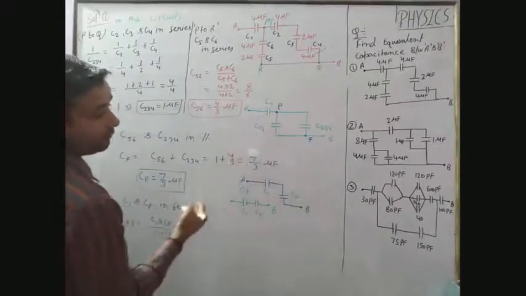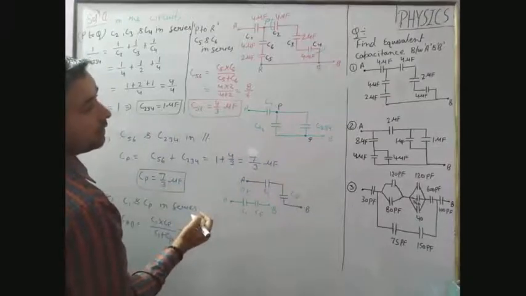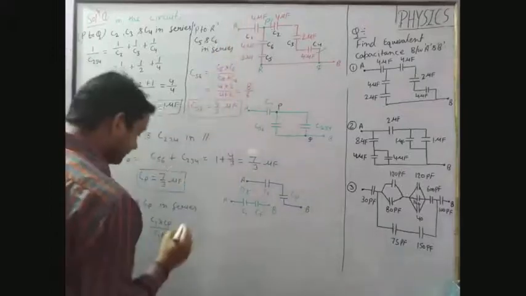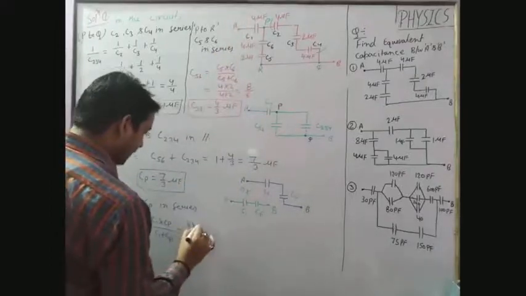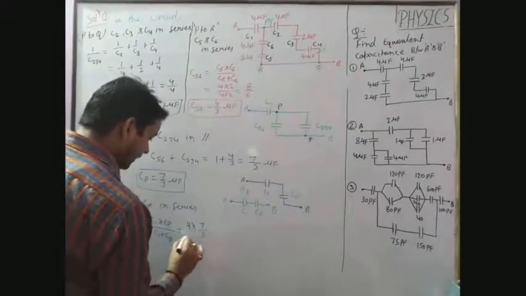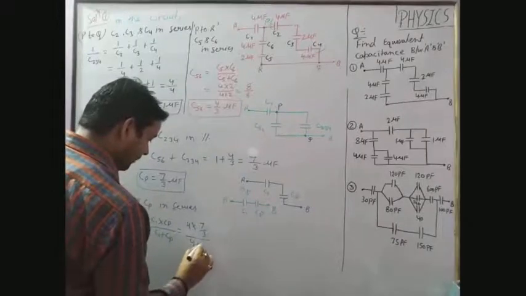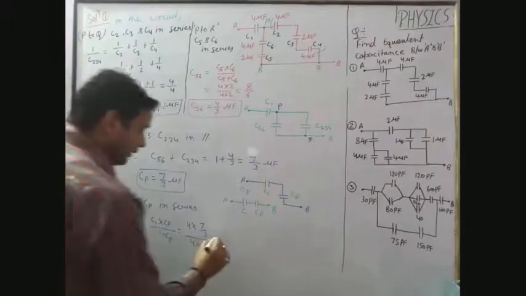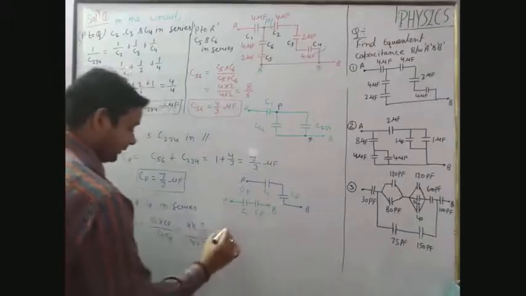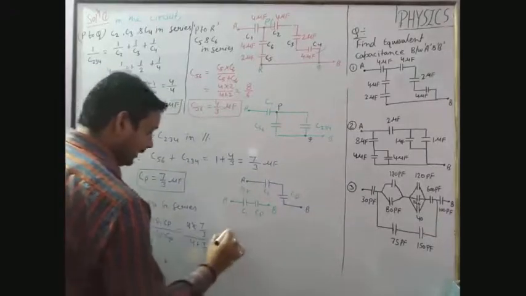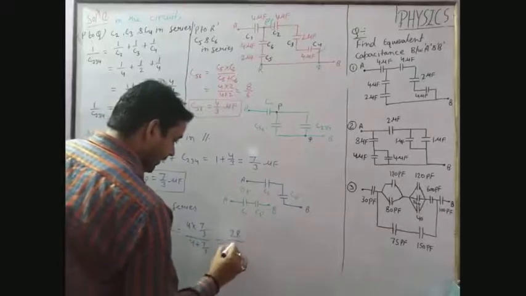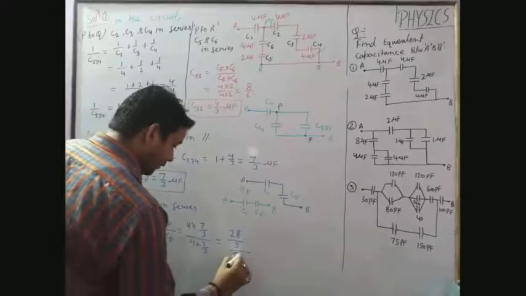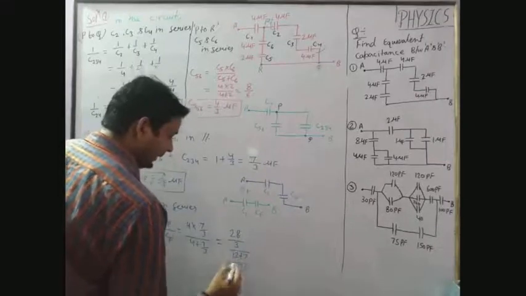This we have, 4 here, 4 into 7 by 3 upon 4 plus 7 by 3. This we get 7 into 4 is 28 by 3, and in the denominator 12 plus 7 by 3.